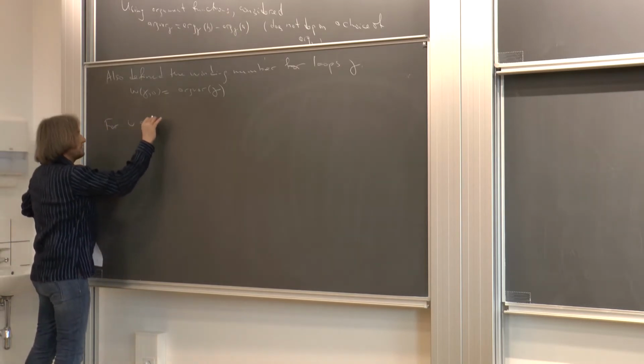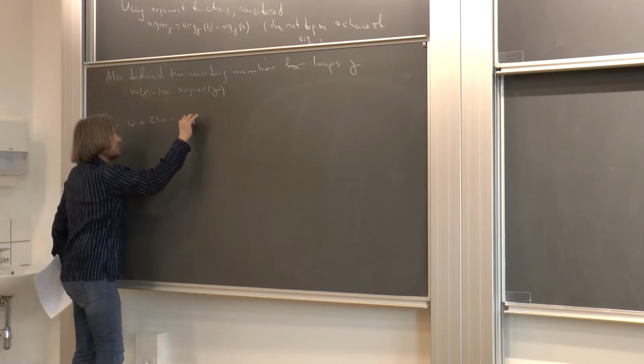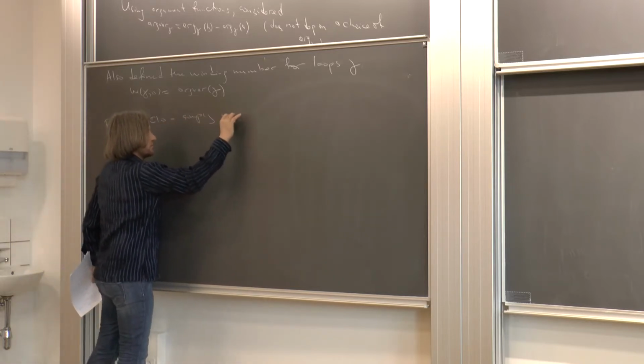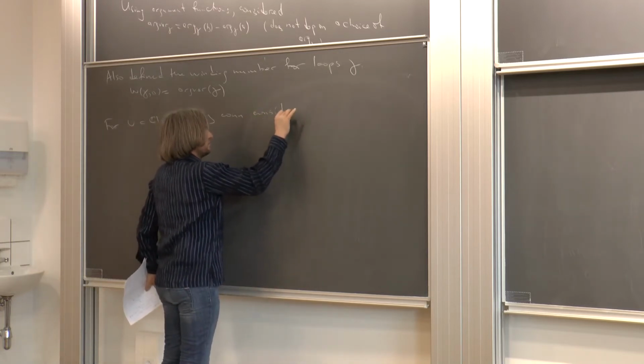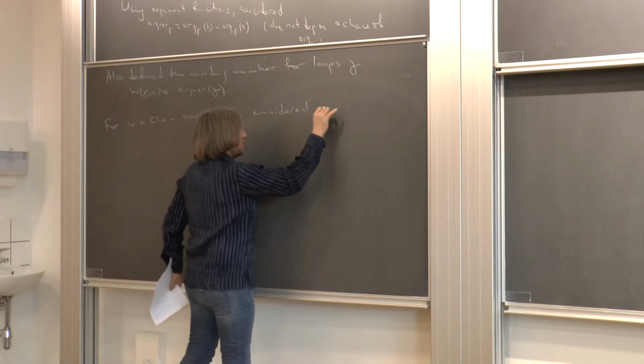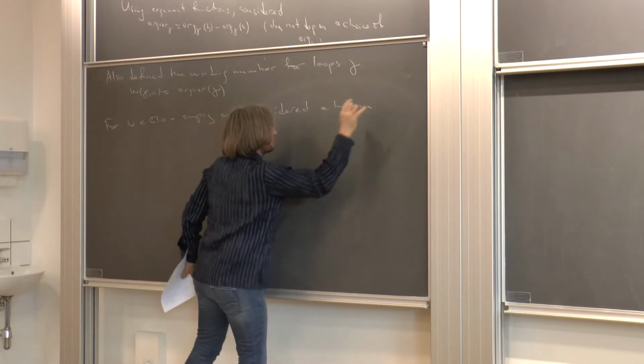Okay. So also for U in C without 0 simply connected, we considered a holomorphic section.